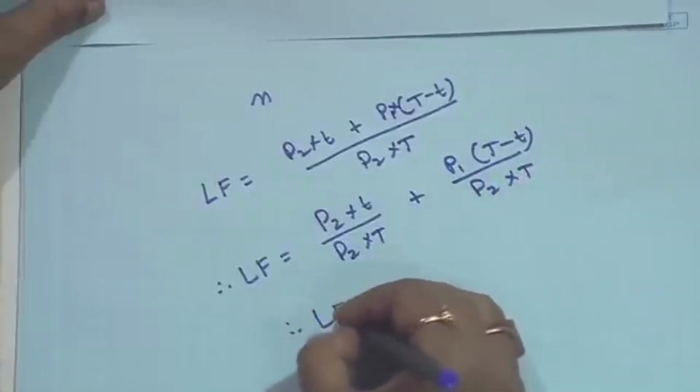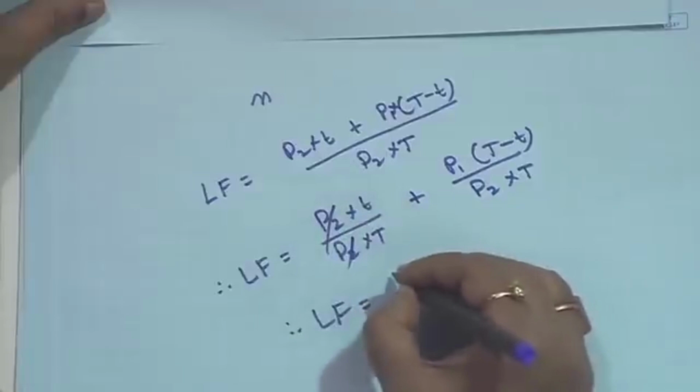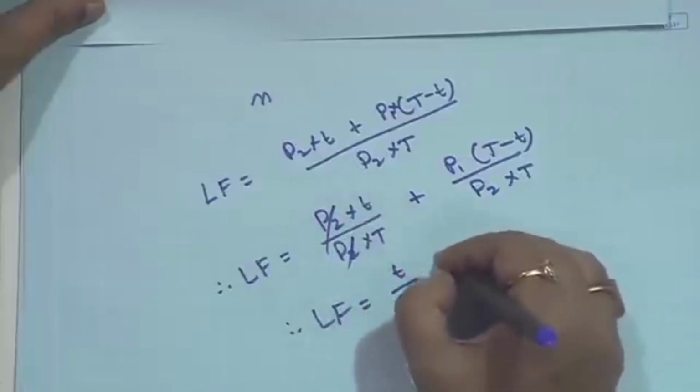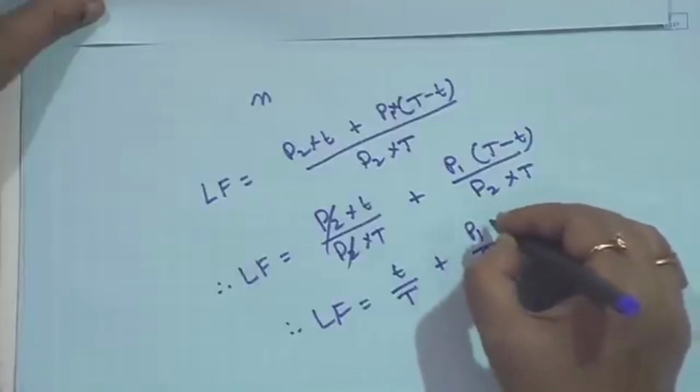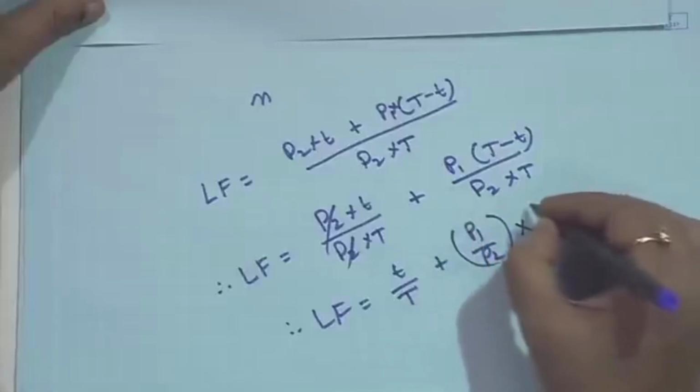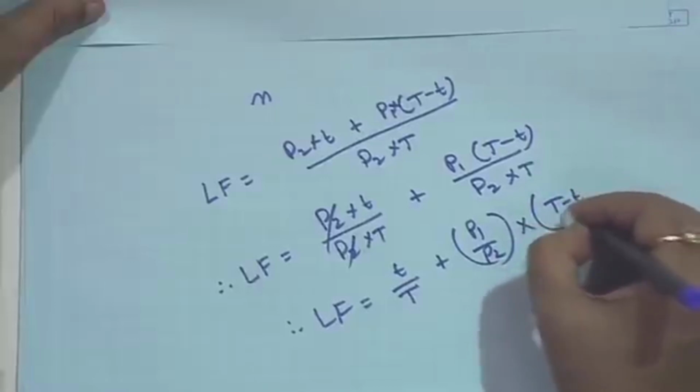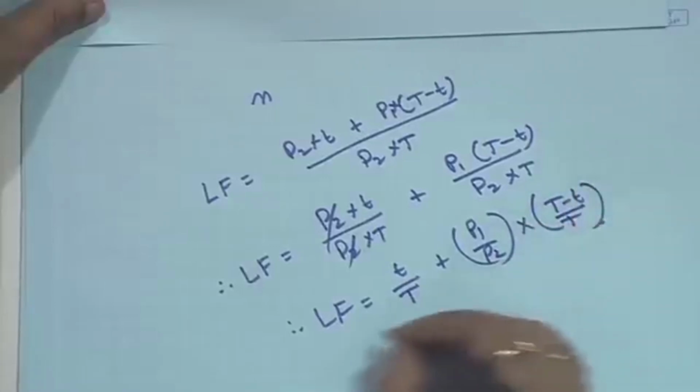Therefore, LF is equal to, P2 will be cancelled, so t by T plus P1 upon P2 into T minus t by T, right.